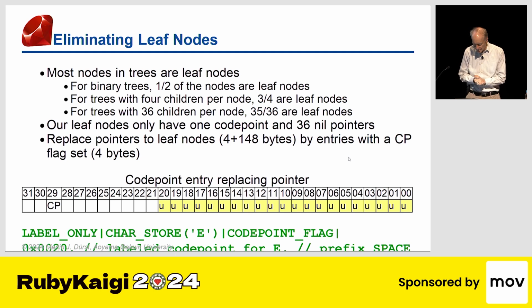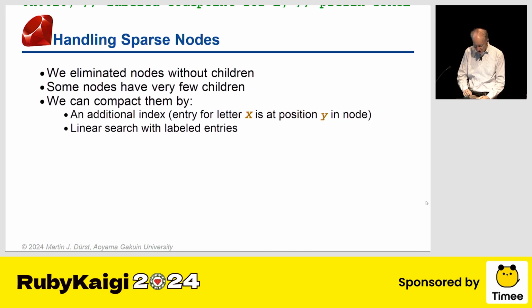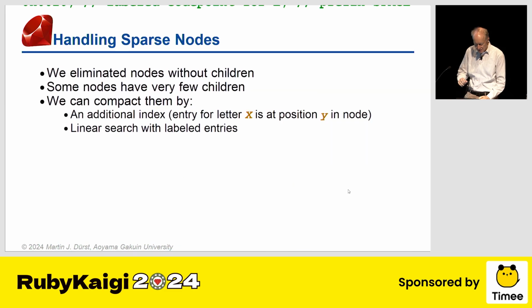So what we do is we say, if flag 29 is set, instead of having a pointer, we have the code point directly here. We know for which letter that is, so it's directly here. And with that we save quite a bit.